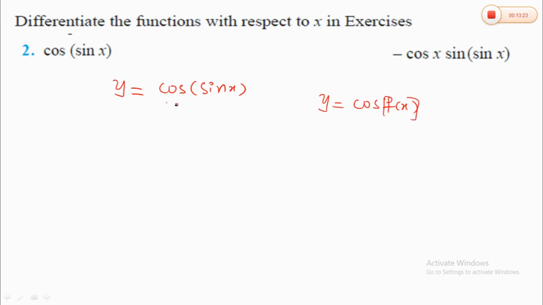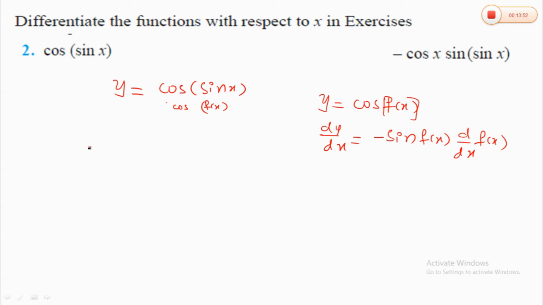The derivative dy by dx is given by the derivative of cos, which is minus sine, so write the remaining thing, sine of f(x), then dy by dx of f(x). Here, cos of f(x), where f(x) is sin x.